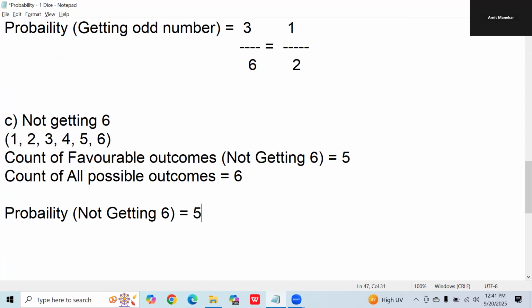So that count is 5. And the all possible outcomes count is 6. 5 upon 6. So the probability of not getting 6 is 5 upon 6.